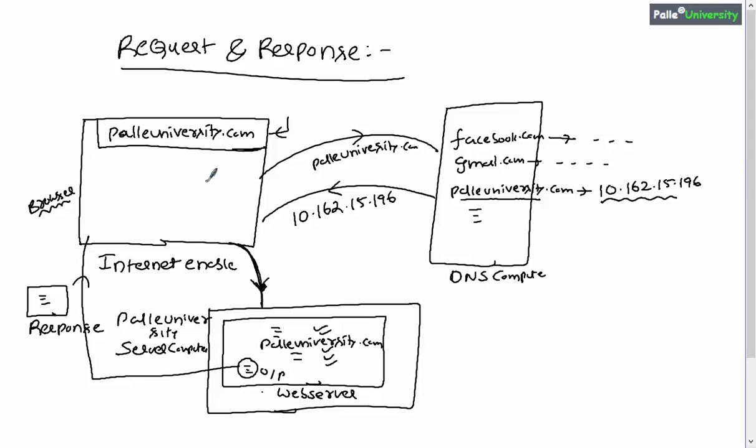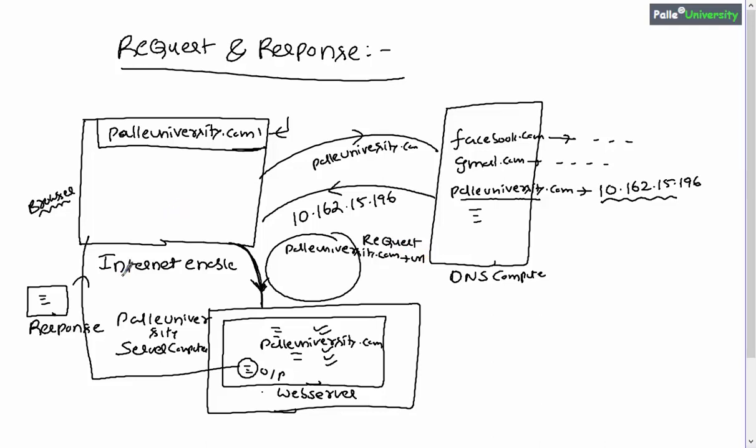In general, when the browser sends a request to the web server, in that request, usually the URL typed over here, that is palauniversity.com, will be included. And apart from this, this browser computer will be having some IP address.